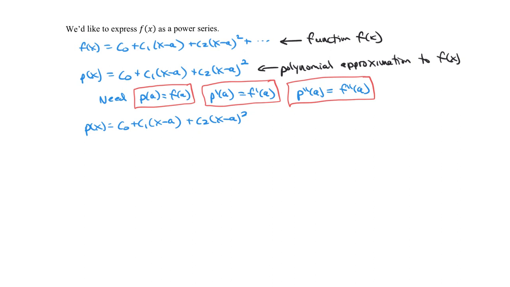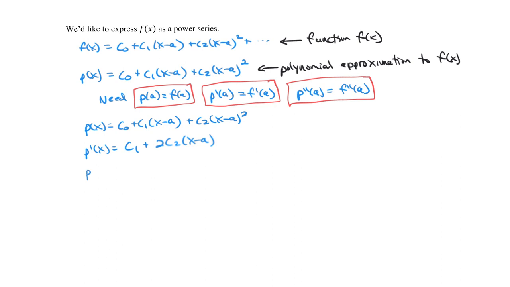If I take the derivative, p prime of x, the derivative of any constant is just 0, so that's gone. The derivative of x minus a is just 1, and c sub 1 is a constant that just goes along for the ride, so I get c sub 1 plus, and here we've got the power rule, so 2 times c sub 2 times x minus a to the 1 power. So we get plus 2 c sub 2 times x minus a.